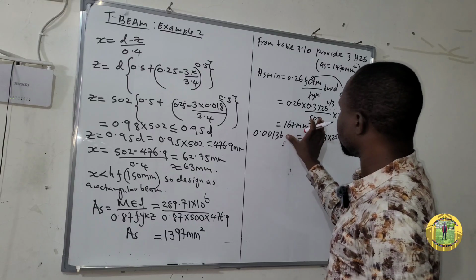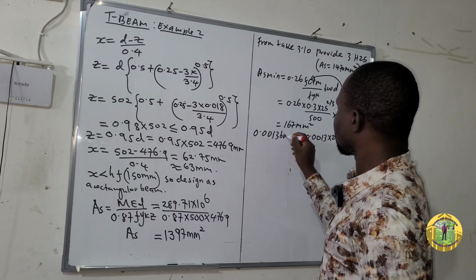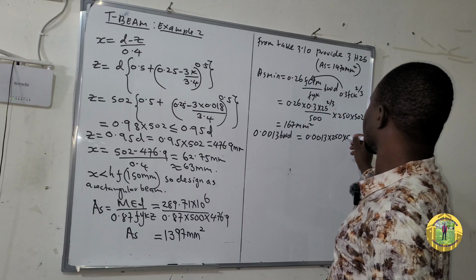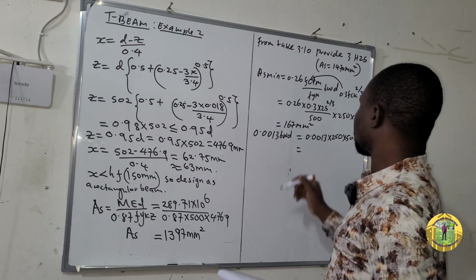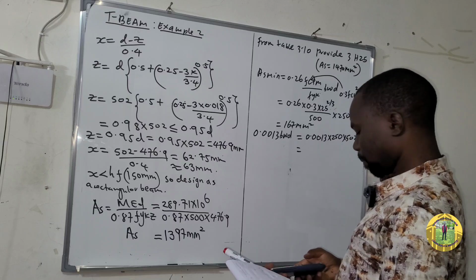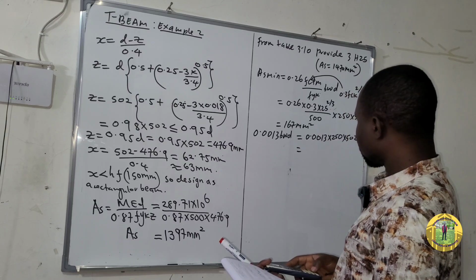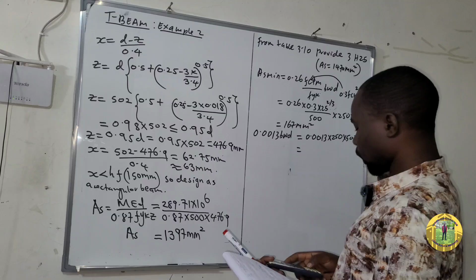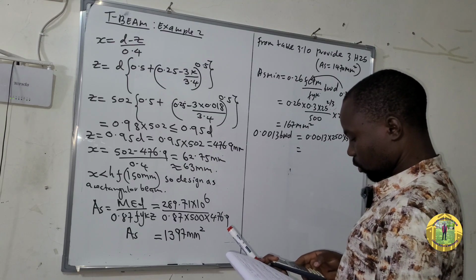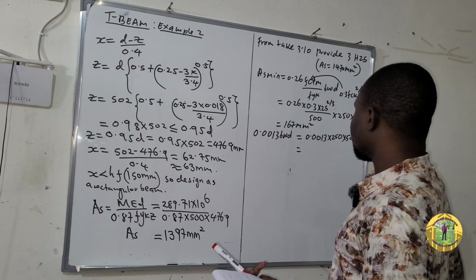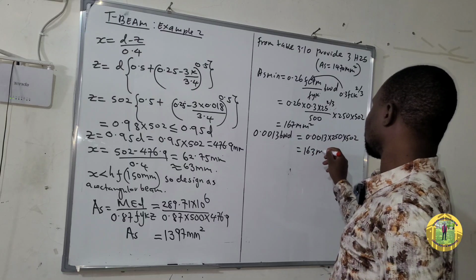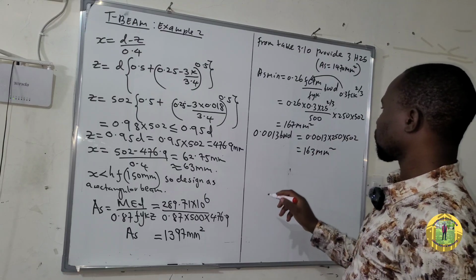It is BWD, which is 250 times 502. So this one is equal to 0.0013 times 250 times 502, which is 163 millimeter square.